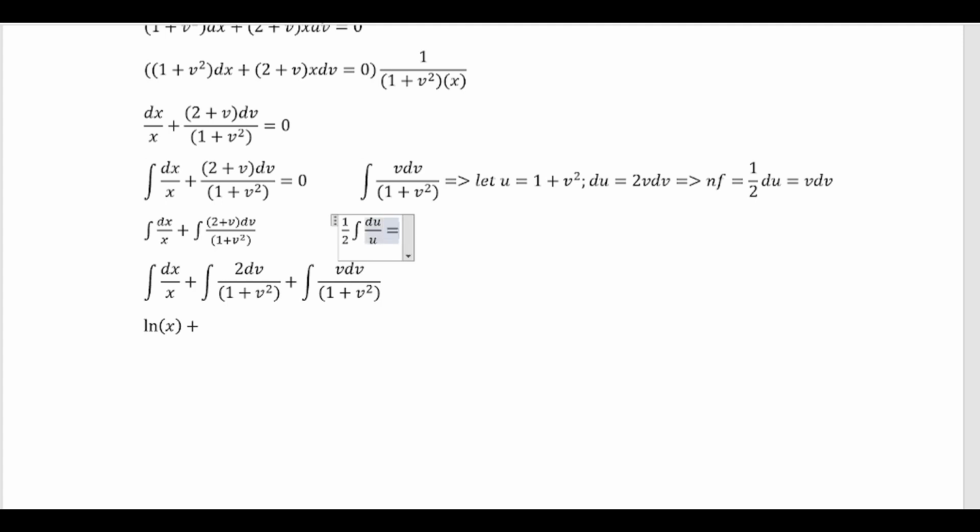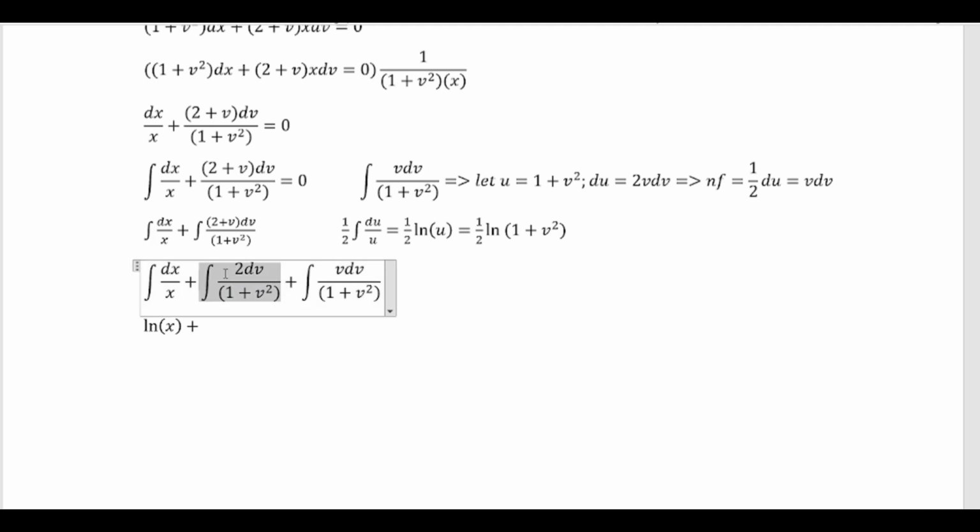Simply, this would become 1/2 ln u, wherein u is equal to 1/2 ln of the value of u, which is 1 plus v squared. Right? So we already have now the integration of this one.